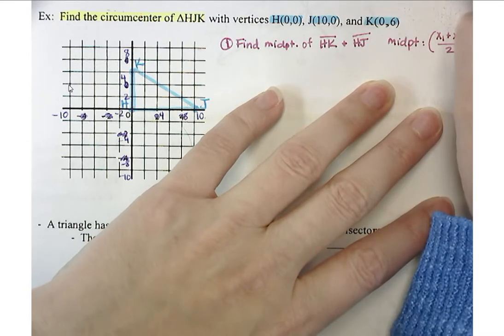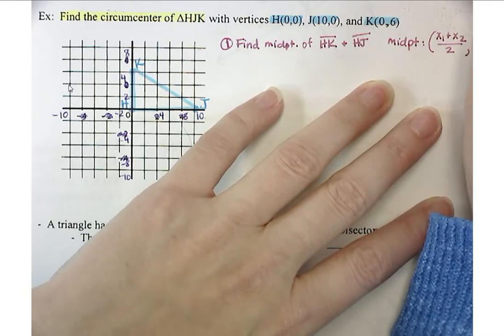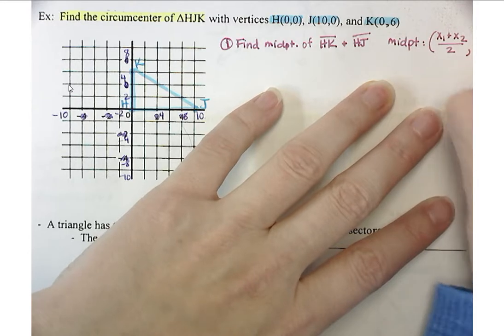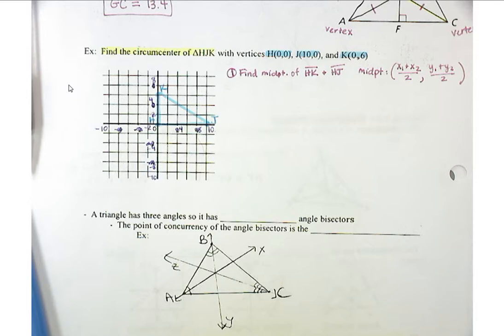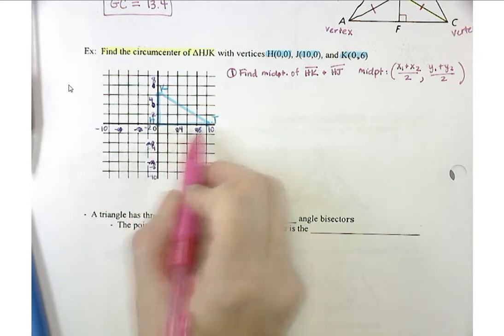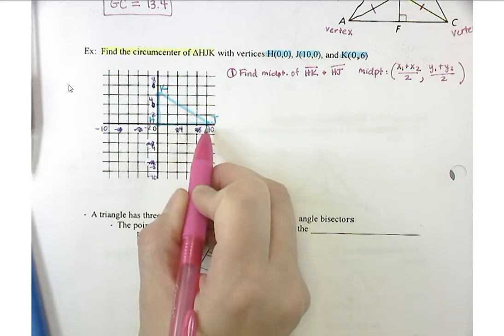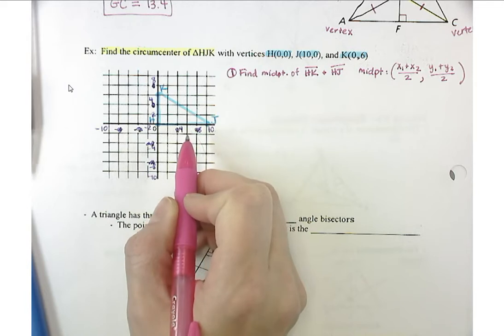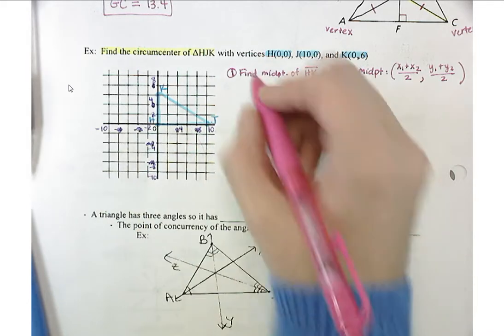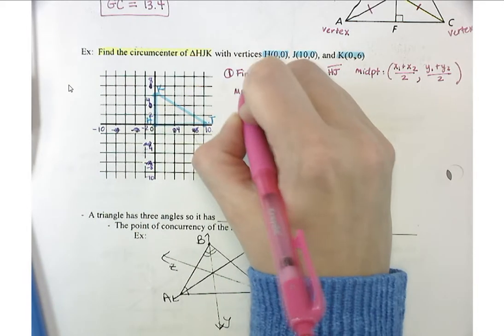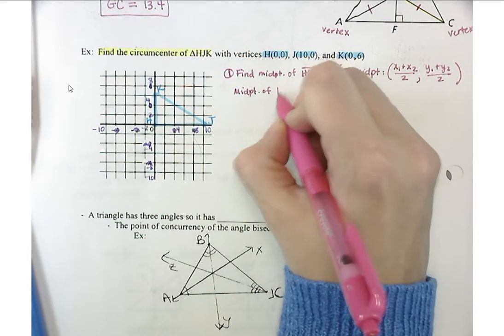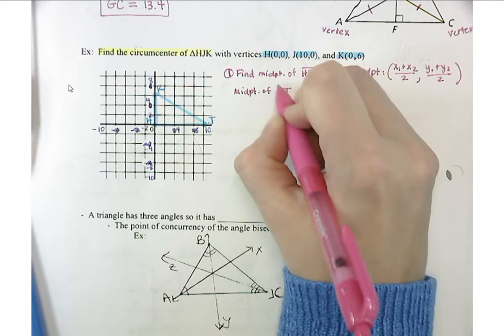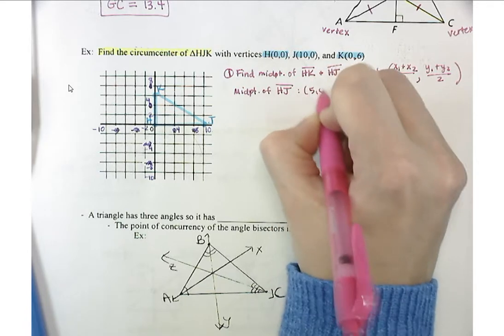But for this one, these are actually very easily found because you're on your x-axis. So from 0 to 10, where's your midpoint going to be? At 5, what? 0. Okay, so your midpoint of HJ is going to be 5, 0.